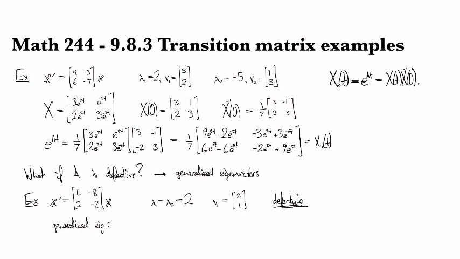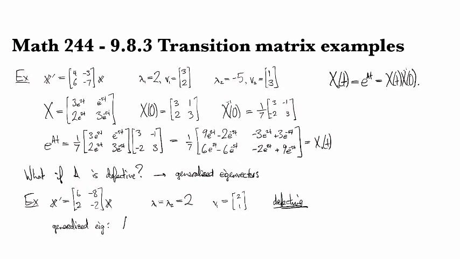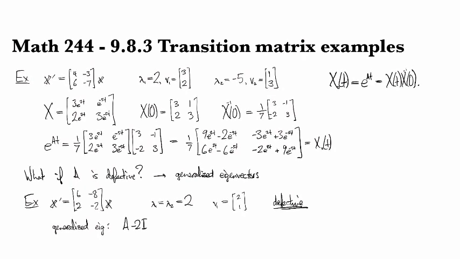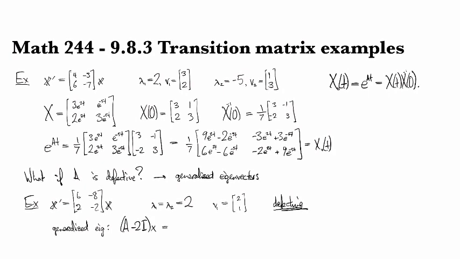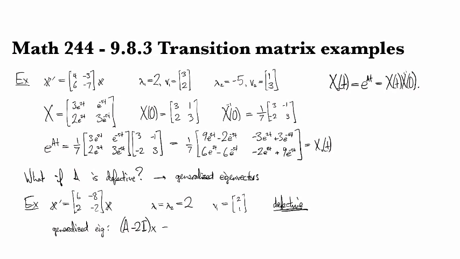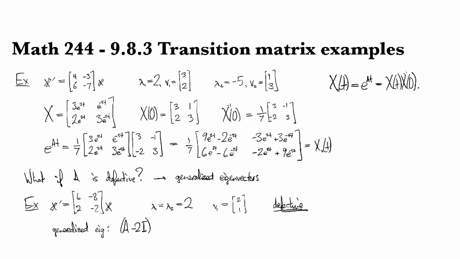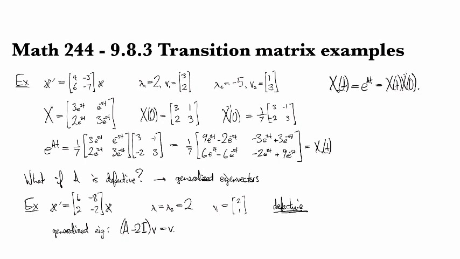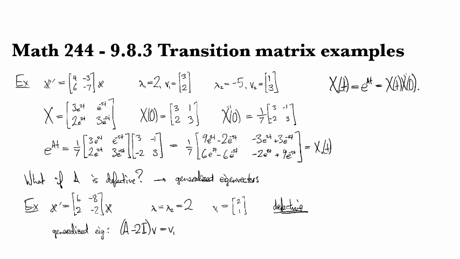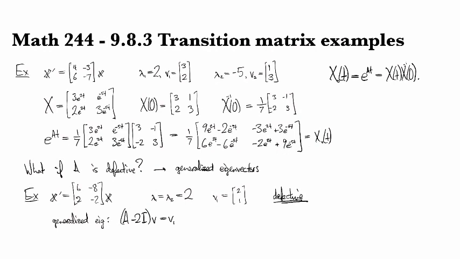So let's see. We're going to be solving (A minus 2I) v equals v1, this one that we found in the last, well, that I already found without working out the details.